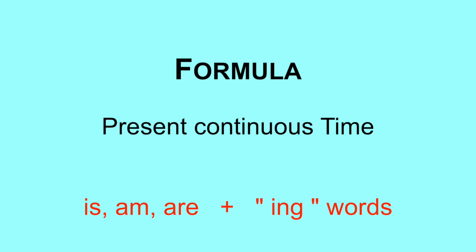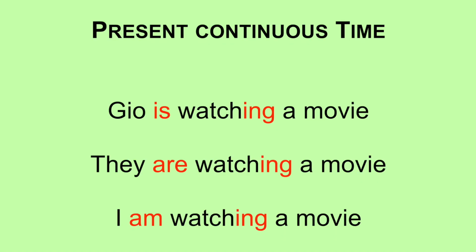The formula is is, am, are plus ing words. What is the example for present continuous time? Gio is watching a movie.